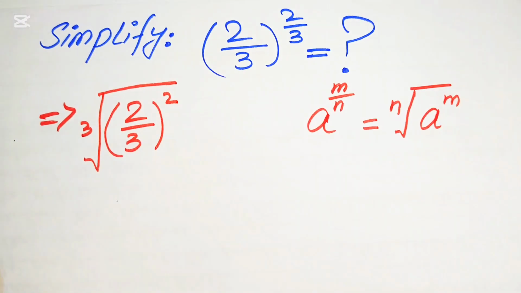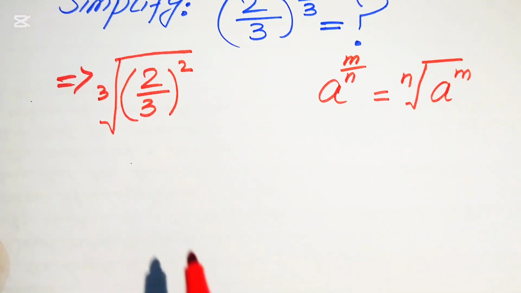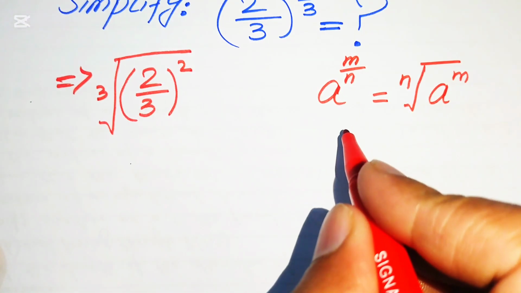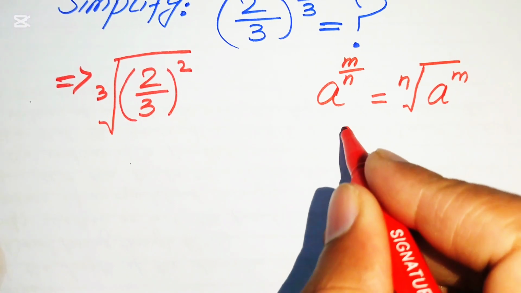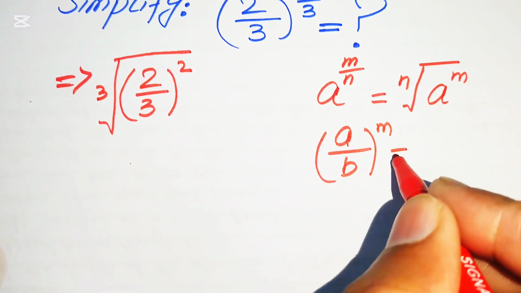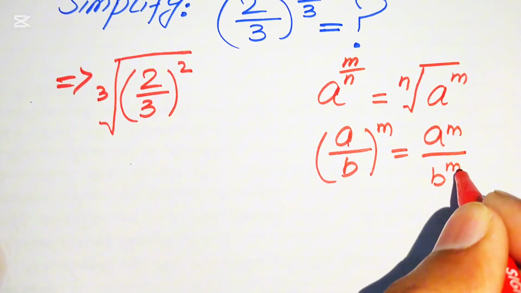Now after that we apply the exponential law inside the term, in the radicand. We know that if you have a over b and its whole power m, it equals a to the power of m divided by b to the power of m.